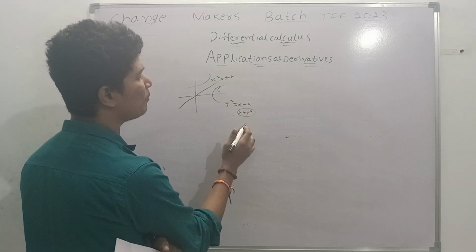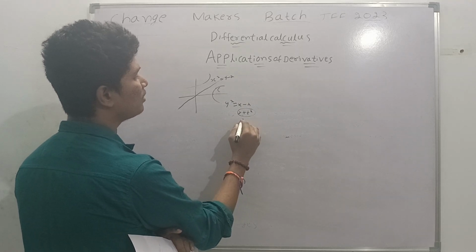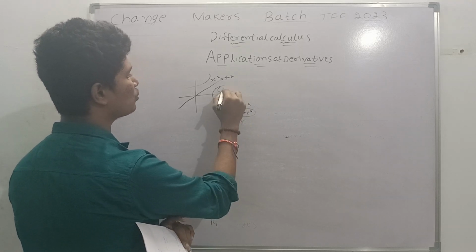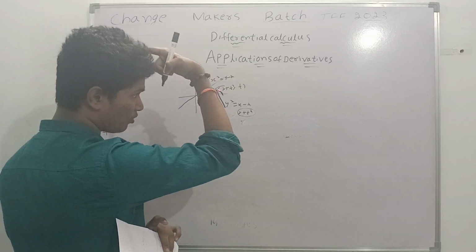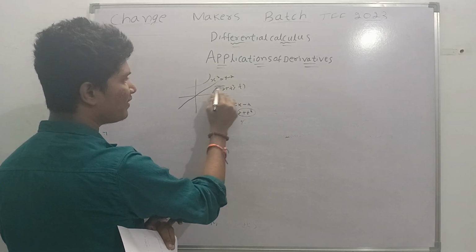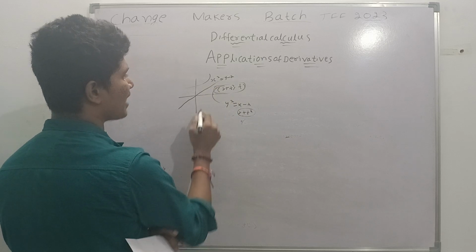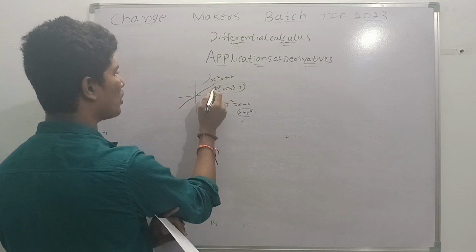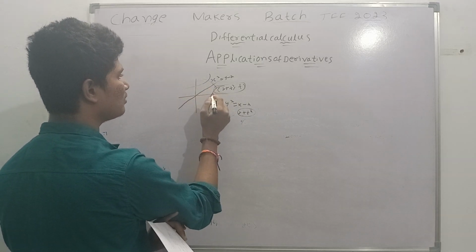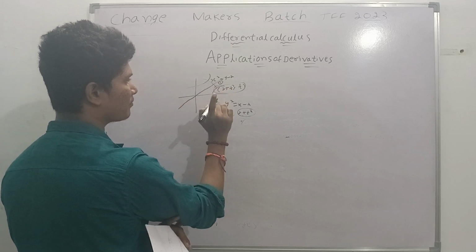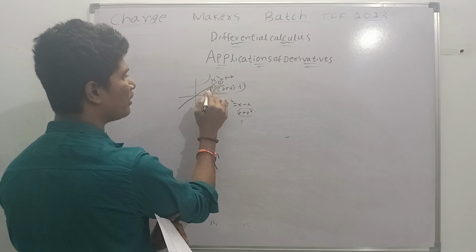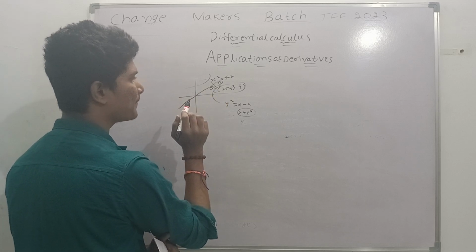If you substitute 2 plus t square, you get x as 2 plus t square, and y as t. This is a parametric coordinate, and this is a line. If you draw the normal to this line, the slope of the line is 1, so the slope of the normal has to be minus 1.